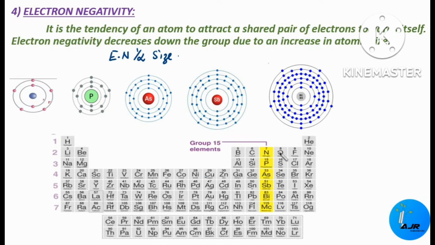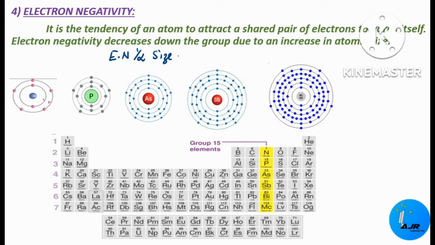Here the attraction will be more because the nucleus is near; here it is a little far, and here it is even farther. So the attraction will keep decreasing, and when it decreases, the attraction of the shared pair of electrons towards the nucleus decreases.